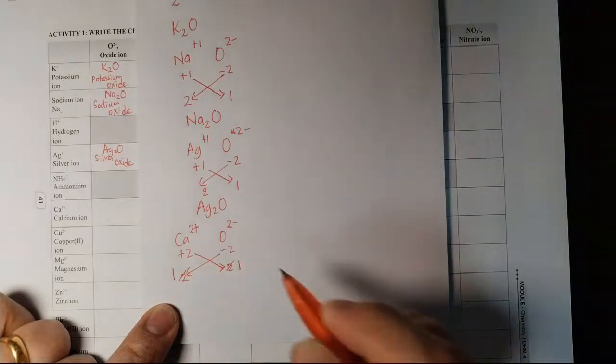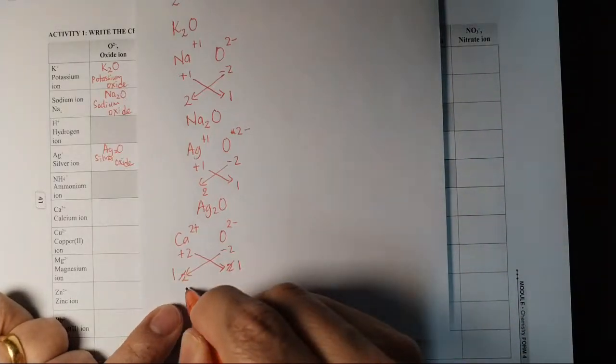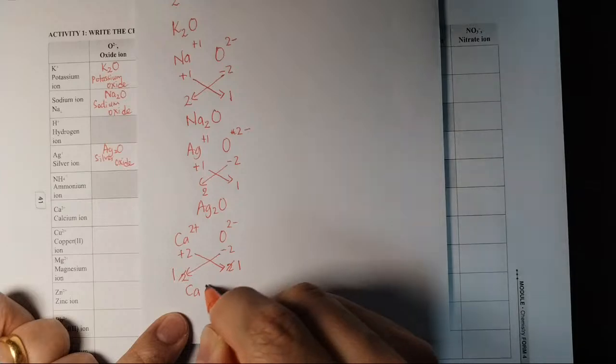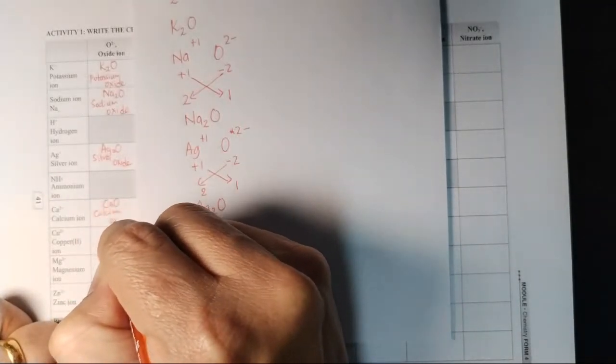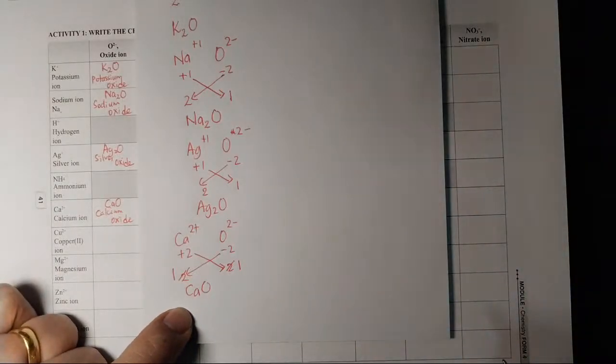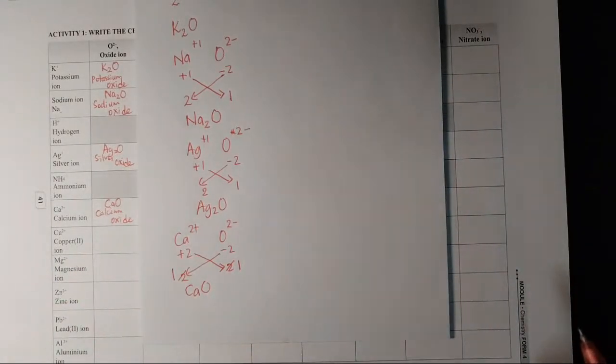Divide by 2, we get 1, 1. So it becomes Ca1O, so CaO. The name would be calcium oxide. Is that okay?